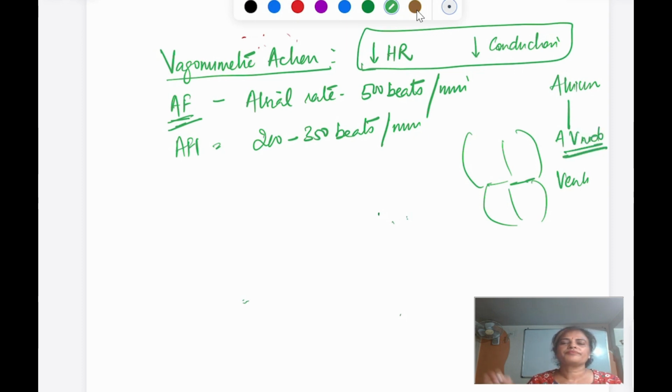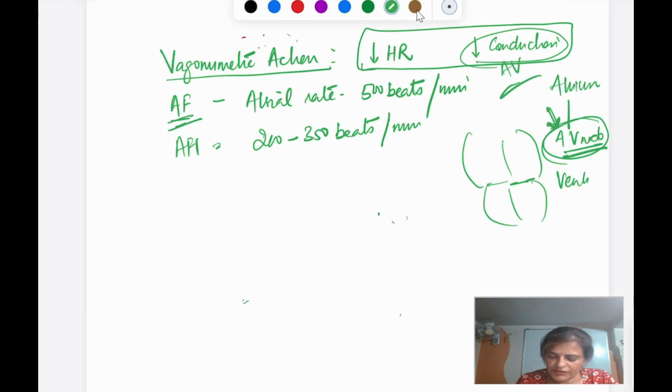If we give a drug which is going to delay or inhibit the passing of the impulses from the atrium to the ventricle, like this drug digoxin, because it is delaying the conduction, conduction where? At the AV node. So if it delays the conduction, all the impulses which have started from the atrium will not be conducted to the ventricle. So we can control the ventricular rate.